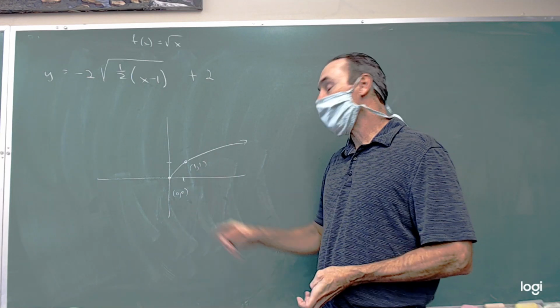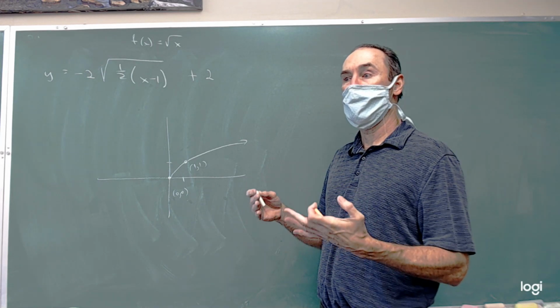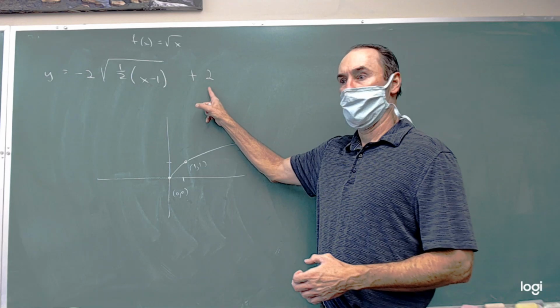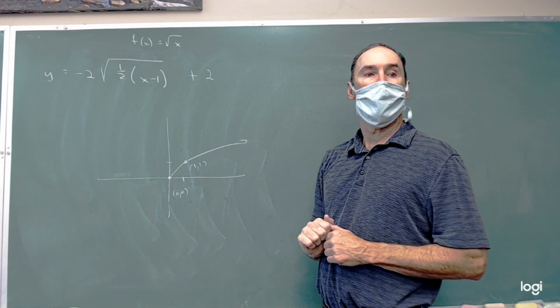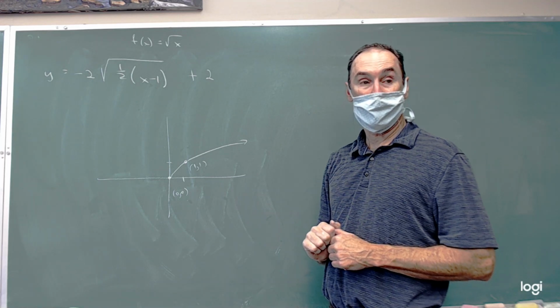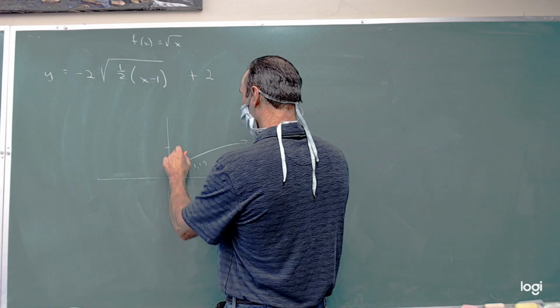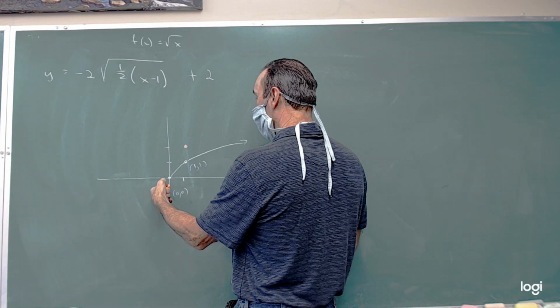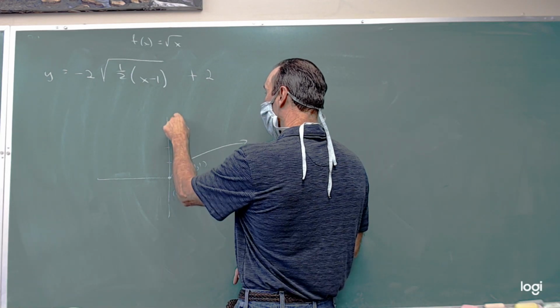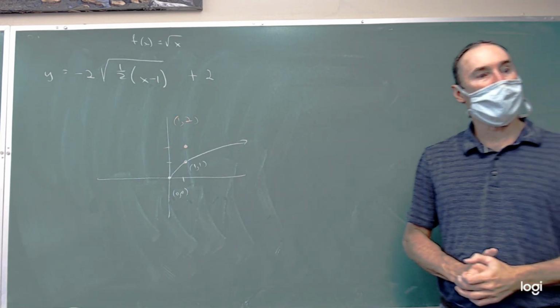So that starting point 0, 0 is going to just move to 1, 2. Does that make sense? So I'm going to go to the point 1, 2. And that's going to be where the 0, 0 gets moved. That's kind of our starting point if we want to think of this graph.